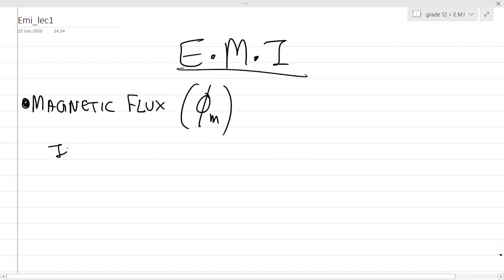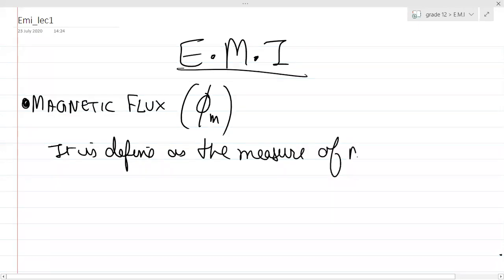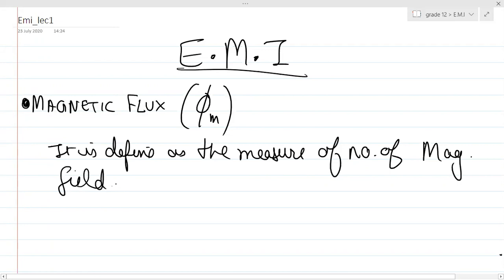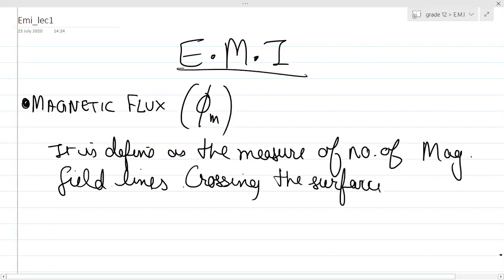Just like electric flux, it is defined as the measure of the number of magnetic field lines. You remember the same thing, electric field was also there; in place of magnetic field lines, it was electric field lines crossing the surface normal to it, or perpendicular to the surface.